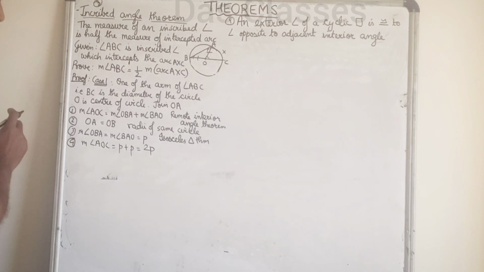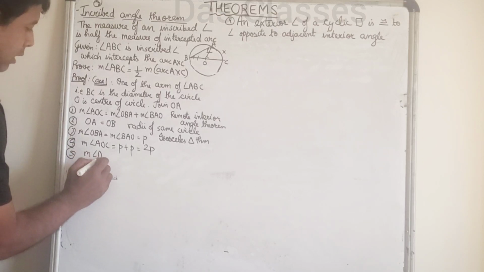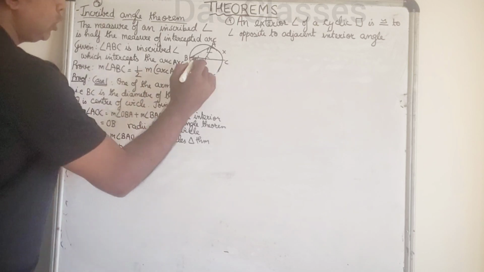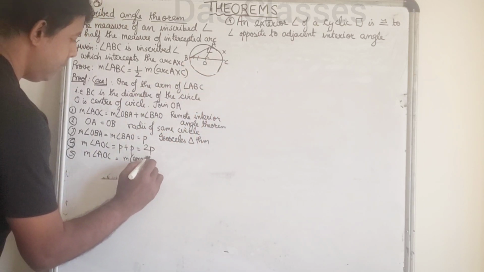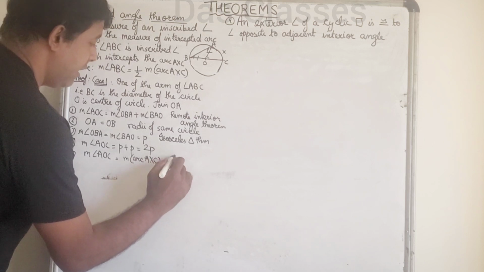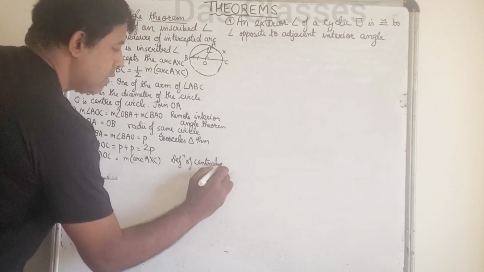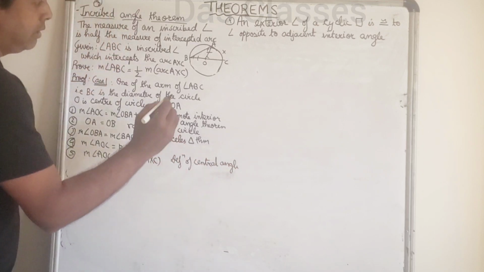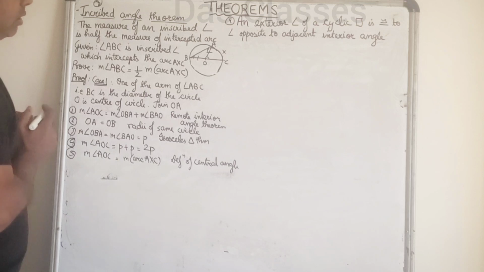Okay. So, now measure angle AOC. Next step. Measure angle AOC is actually equal to measure arc AXC. That is the definition of central angle, that whatever this central angle is, the arc is of that same measure.